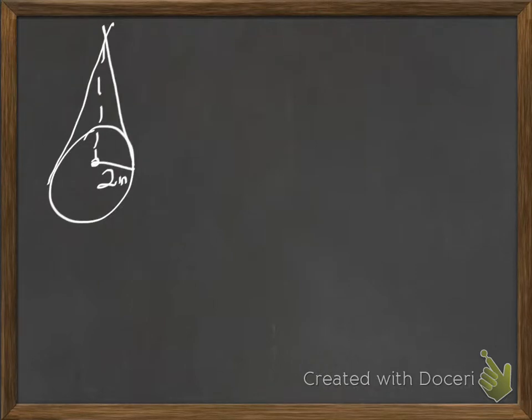All right, so let's do an example. So we have a cone here, and we have a radius of 2 inches. And we know that we need to know L, and we need to know our base area. Let's say we have a height of 5.